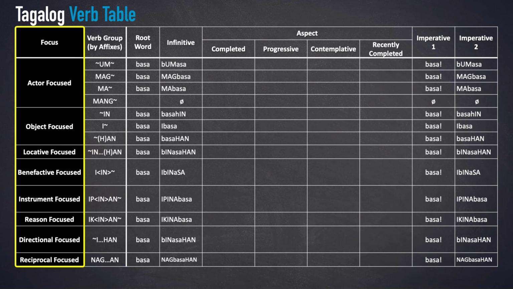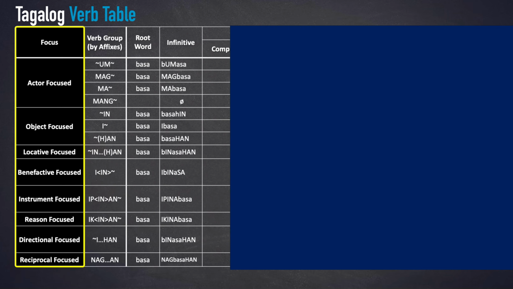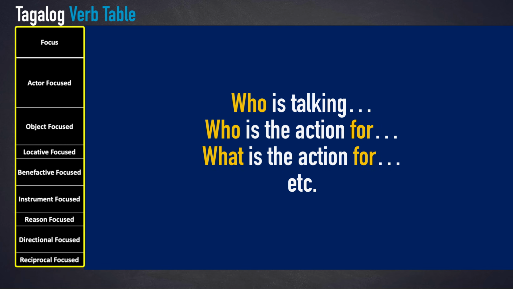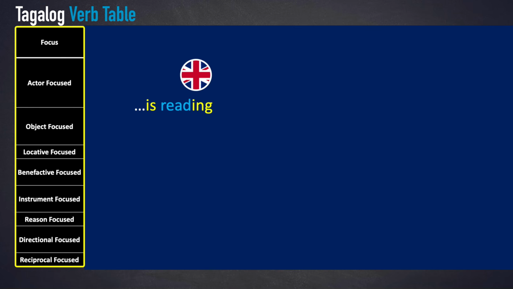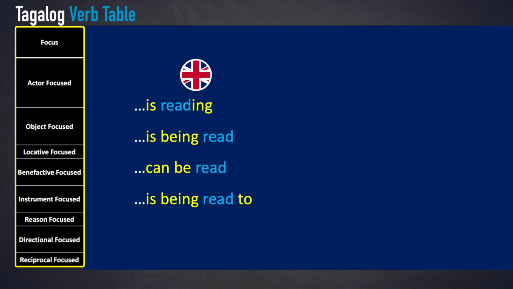What this means is that verbs are hardwired to include its relationship with who is talking, who the action is for, what is the action for, etc. Let me illustrate this with this example. The English verb to read can be used in these phrases: is reading, is being read, can be read, is being read to, is being asked to read, etc.